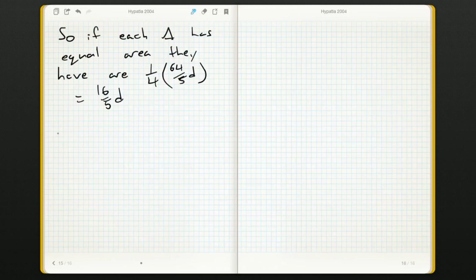So now that tells me that triangle QOM, which has area 3D, must also have area 16/5 D.